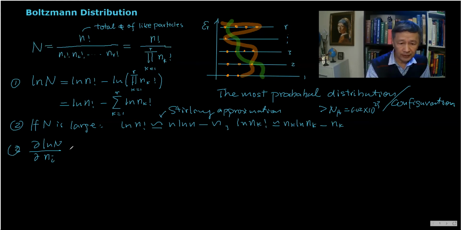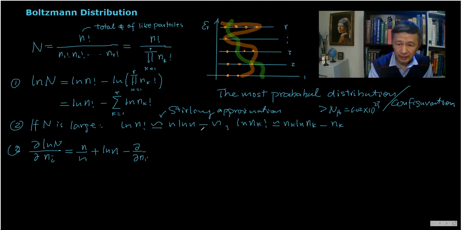For the first term, we can simply apply the product rule in calculus to find the first derivative of the function. So we get n over n multiplied by n log n, take away the other term. We have to be careful here: when we apply this to log n, we are actually doing the partial derivative with respect to ni.